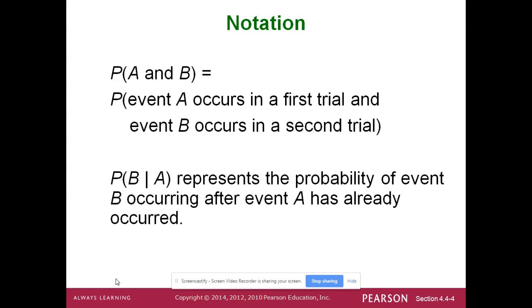So B given A, that straight up and down bar, that's how you read that. Probability of B given A. So that means B happens and A has already happened. It doesn't necessarily mean that A and B were dependent upon one another. It just means that A happened first.